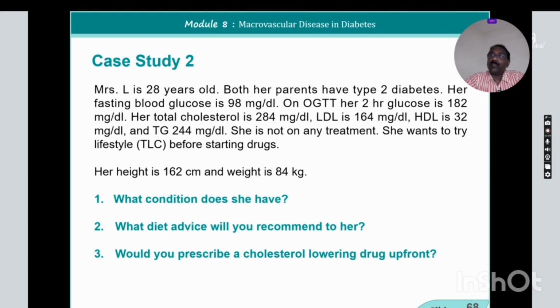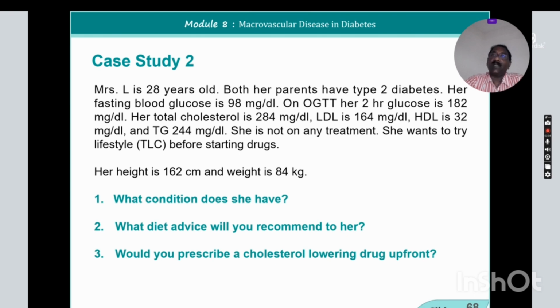So weight reduction is possible. IGT becoming normal is possible. Normal lipids are also possible. So you are giving more good health to her without any interventions, only with the therapeutic lifestyle changes. The therapeutic lifestyle changes will help her a lot in this particular patient.